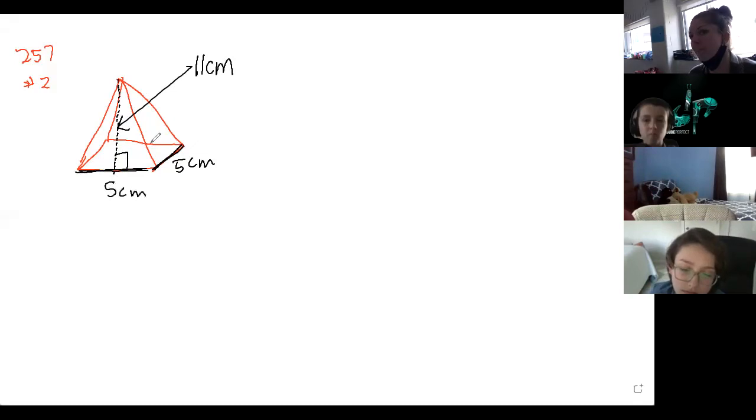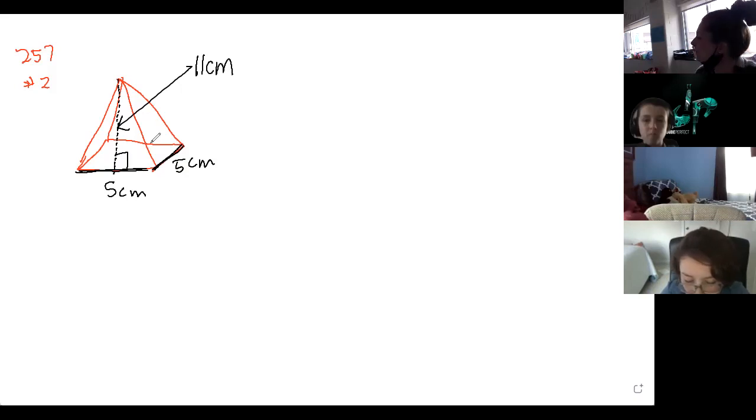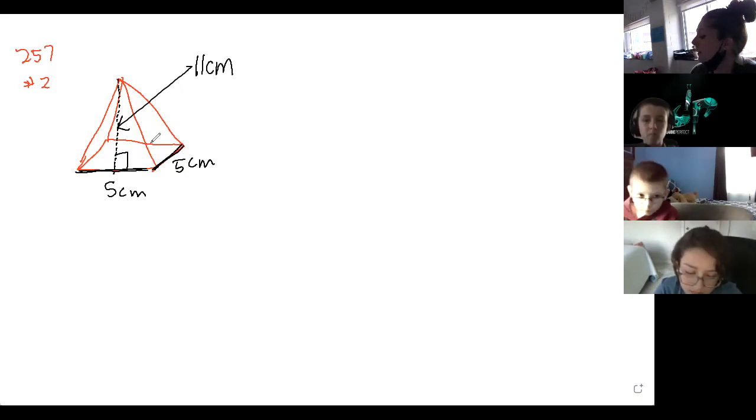So what do we know about the bottom shape? What kind of shape is it? If the length and the width are both 5, what do you know about it? What do you know about it, Shane? What's a flat version of that called? Here, let me just draw the shape.